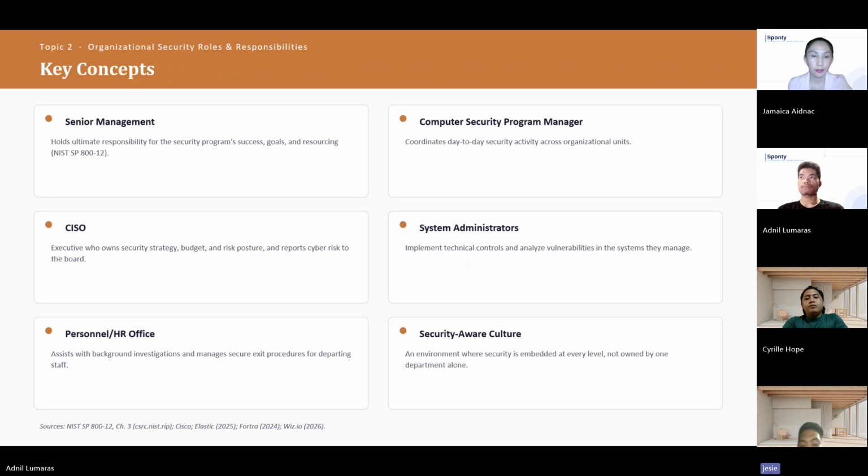So this is an important point. Senior leadership is not just approving a policy. NIST especially frames them as responsible for setting a good example because employees tend to mirror the security habits they see modeled above them.